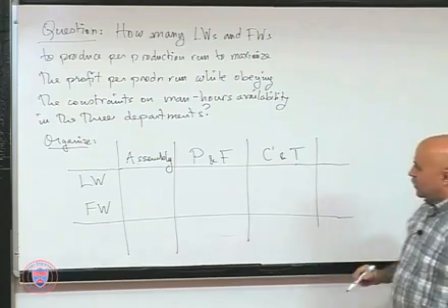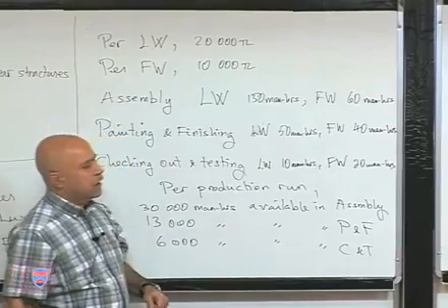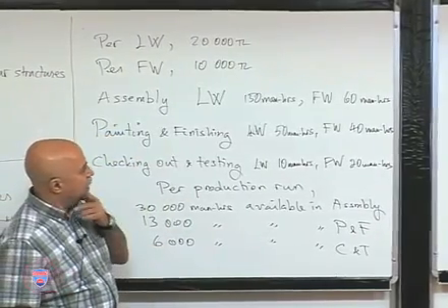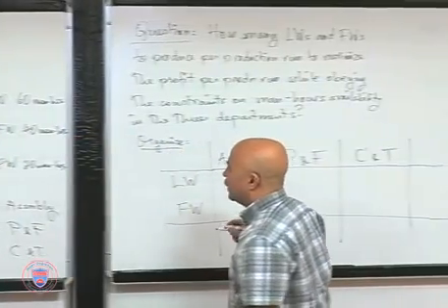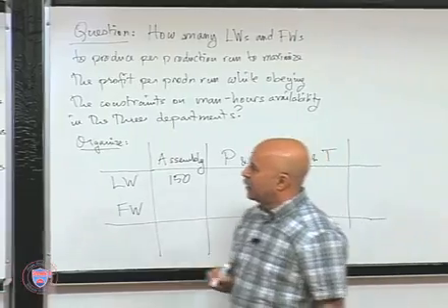And let's just put down the information for consumed man hours in each of the departments by each type of car. So Volkswagen, 150 man hours in the assembly. So let's just put 150 man hours here.